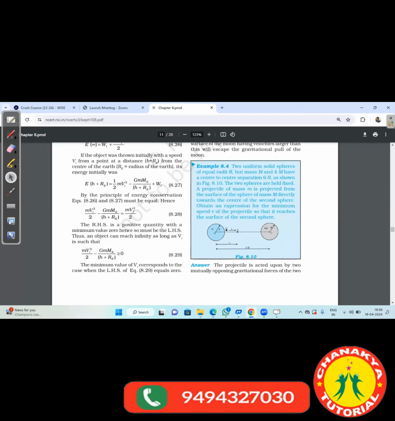I want you all to do this question as homework. See this question. Two uniform solid spheres of equal radii r, but mass m and 4m, have a center to center separation of 6r as shown in figure 8.10. The two spheres are held fixed.